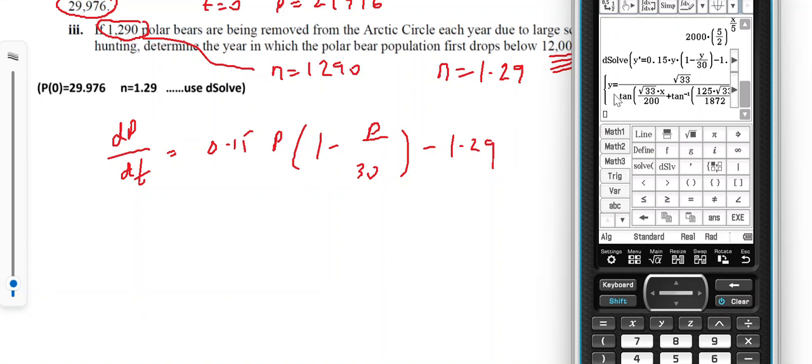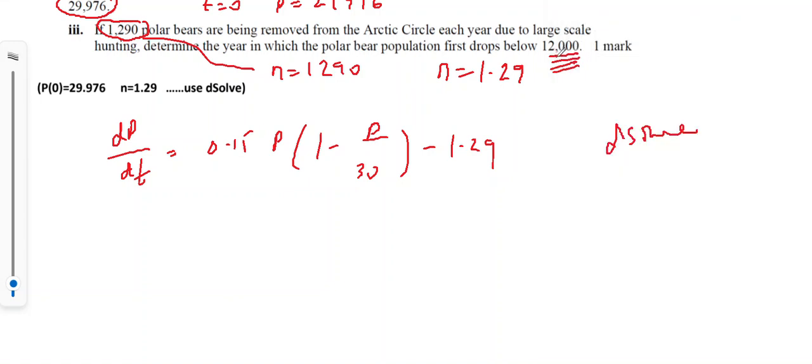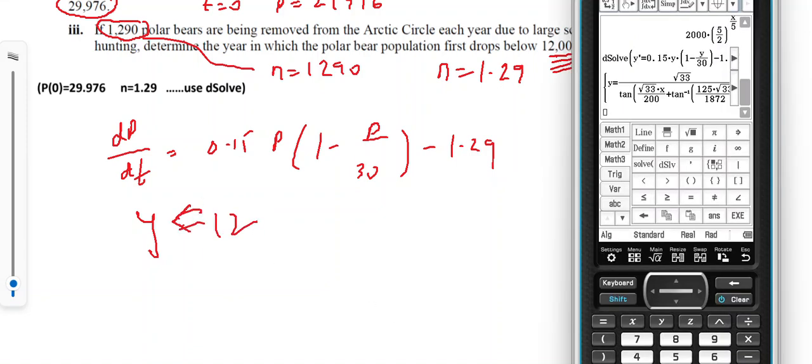And what would I like to do? Find out when y first drops below, well, y less than or equal to 12, and find out when it first equals 12. So, given y equals 12, solve for x.